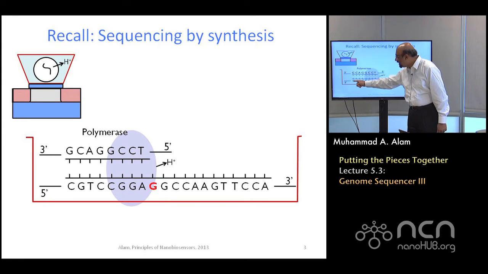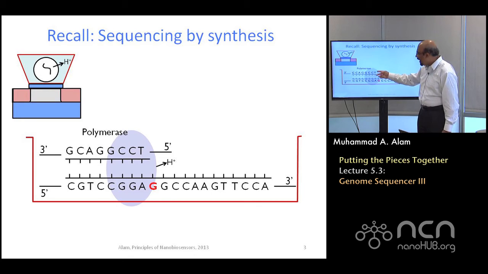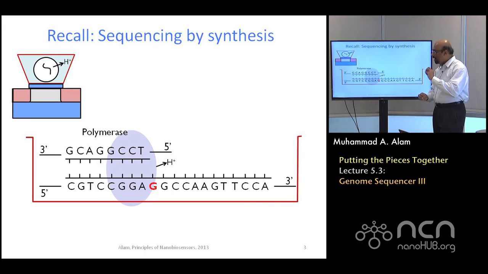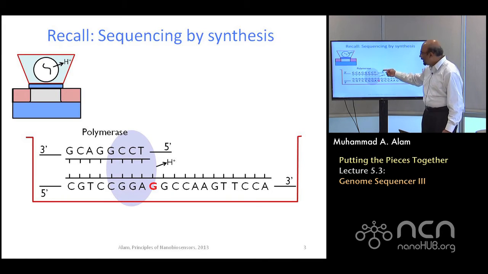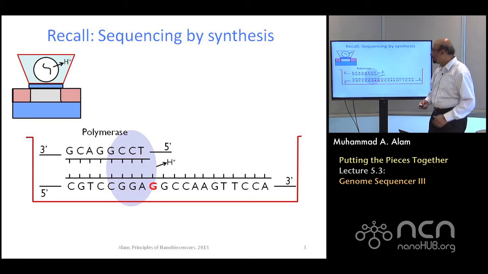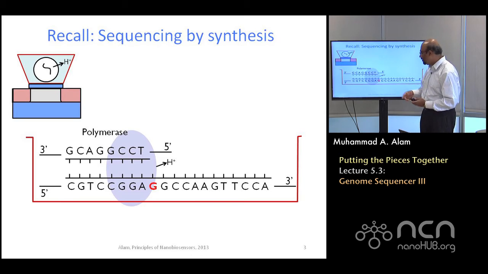So the C got conjugated with G, G got conjugated with C, and so on and so forth. And we have come up to this point where we have just built A to T. So now let's say I bring in C. I bring in C in solution, which is good.